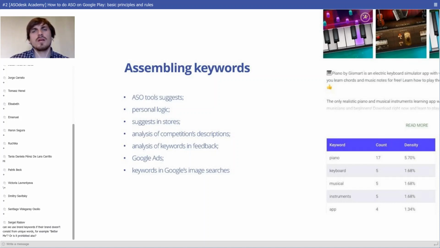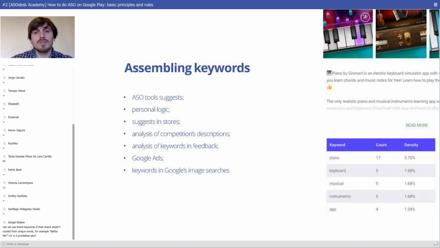So for example, if we type the word food, then we'll see suggest, and I think the first suggest will be food delivery, then food delivery in New York, then the fourth will be food delivery in Berlin, or other suggest. So it will definitely tell us that, for example, food delivery and food delivery in New York are super traffic keywords on Google Play.